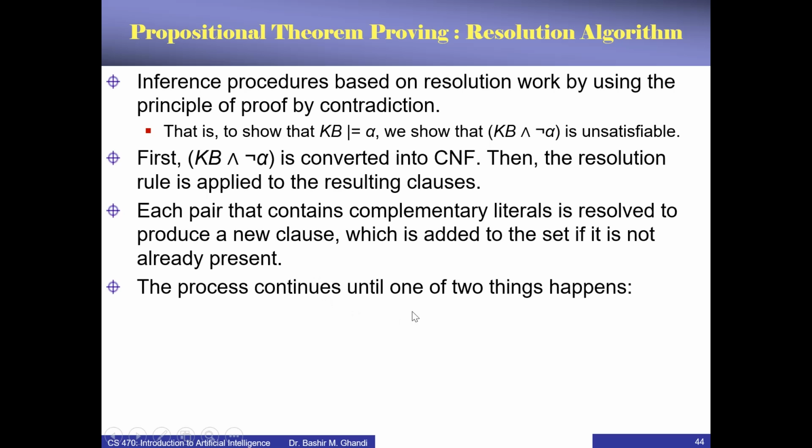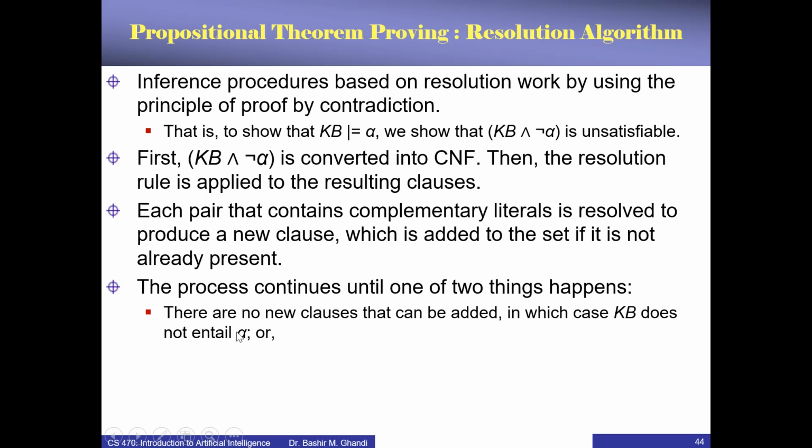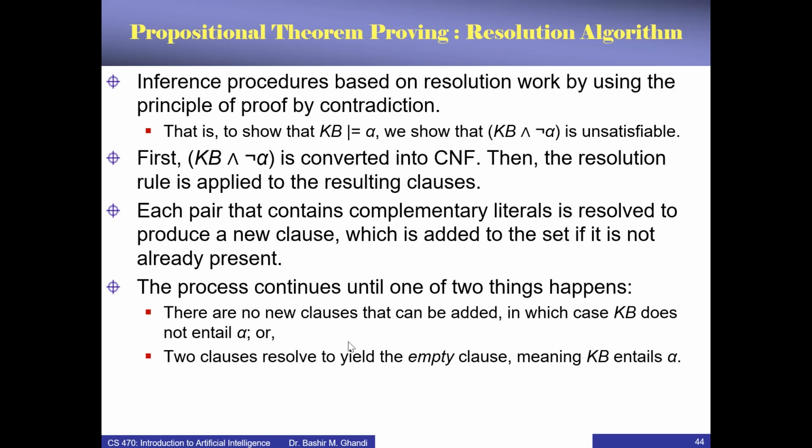The process continues until one of 2 things happen. 1, there are no new clauses that can be added. In this case, what it means is KB actually does not entail alpha. Or 2, clauses resolve to yield an empty clause.